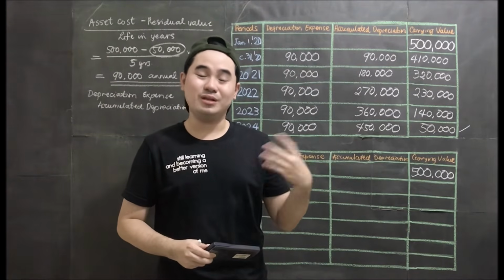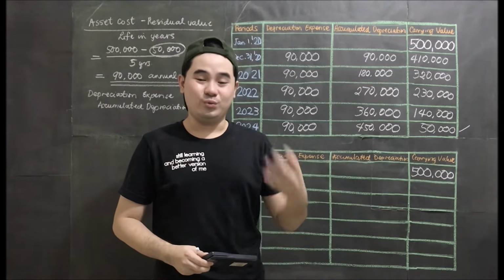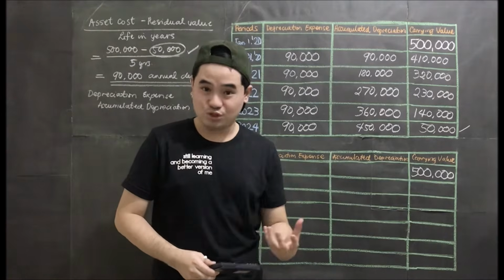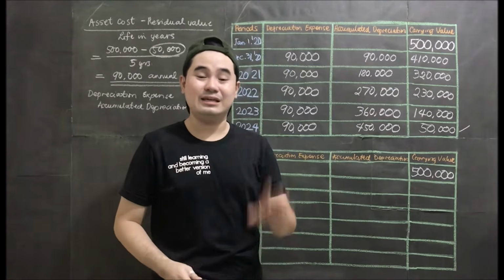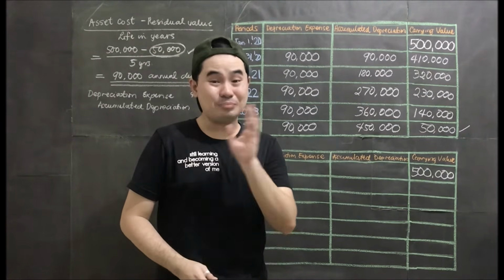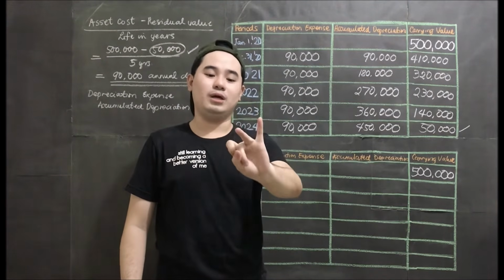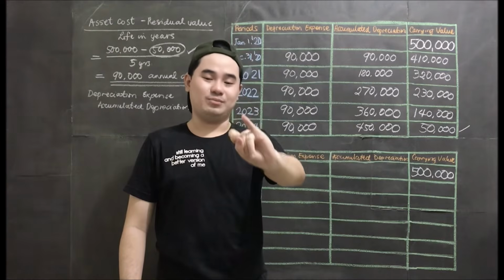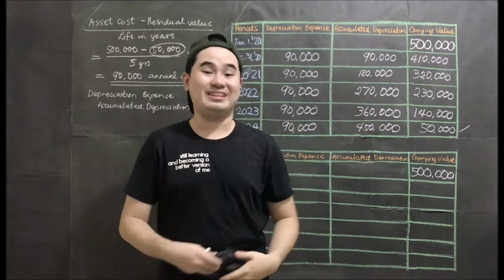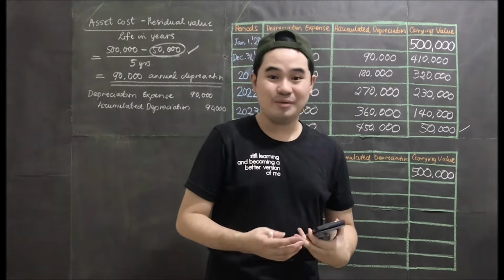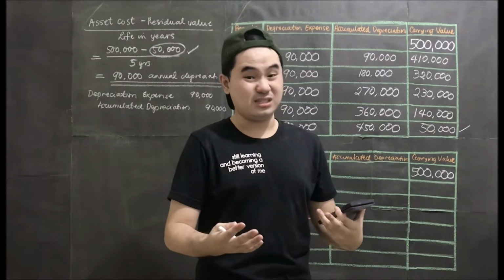So, since it was not purchased at the beginning of the year, we need to prorate the depreciation in the first year of the asset. Kasi nung unang taon ng asset, April binili. So, nagamit lang siya noong 2020, April, May, June, July, August, September, October, November, December. 9 months lang. So, sa second example natin, sa 2020, 9 months lang siya nagamit.